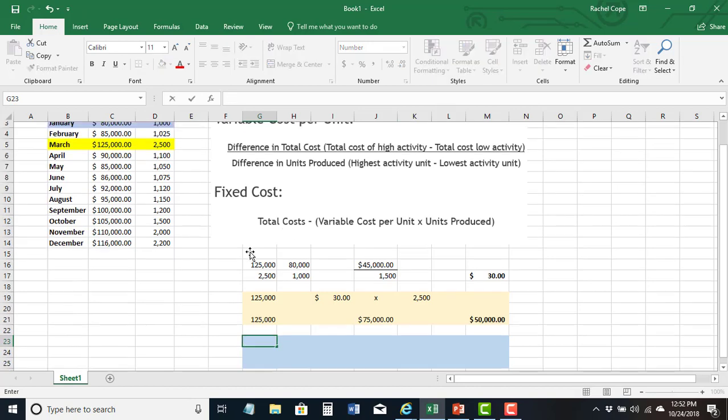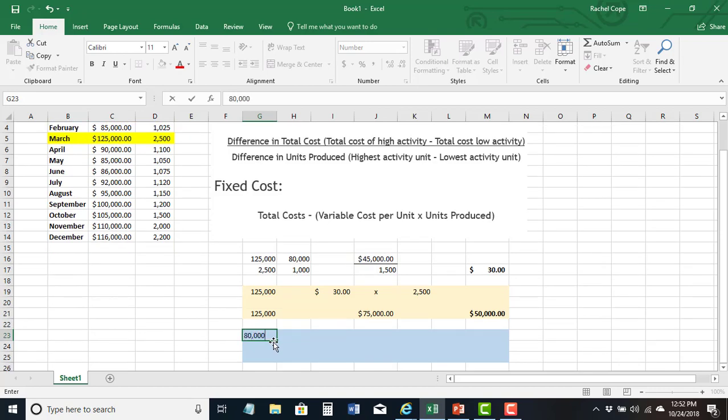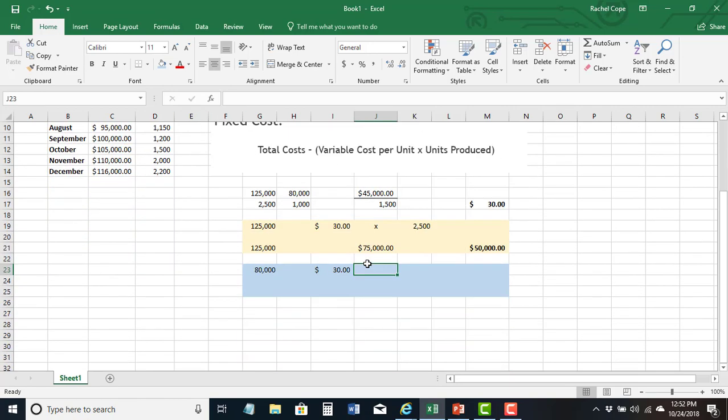So on the low side, we had $80,000 in costs and a variable cost of 30 still. And we produced 1,000 that month. So let's pull 80,000 down.